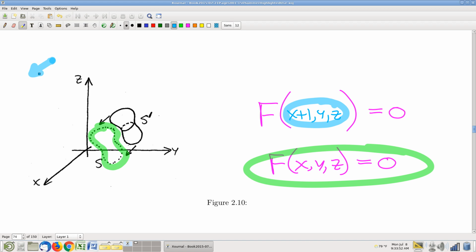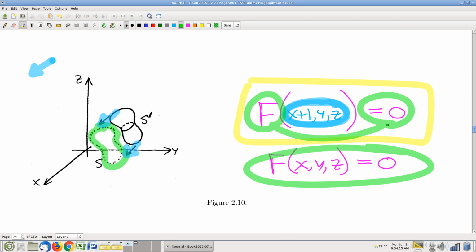So what this says is I'm looking for points which, when I move them by a distance of 1 in the x direction, I want the result to be something that when I plug it into the function f, I get 0. Everybody see how that's the interpretation there?